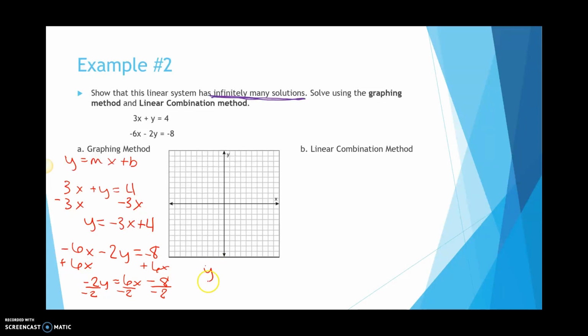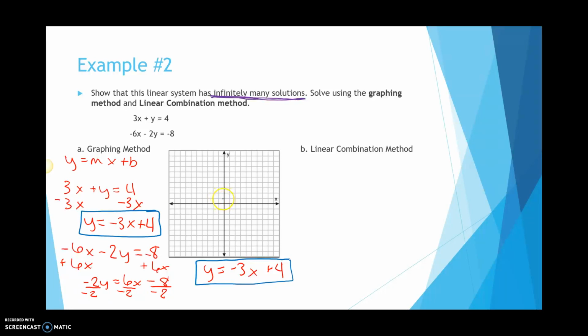So we get y equals 6 divided by negative 2 gives me negative 3x, and negative 8 divided by negative 2 gives me 4. Notice when I put both of these equations in the y equals mx plus b form, they equal the same equation. When you have infinitely many solutions, that means that when you set this up and solve it, it's the same line.